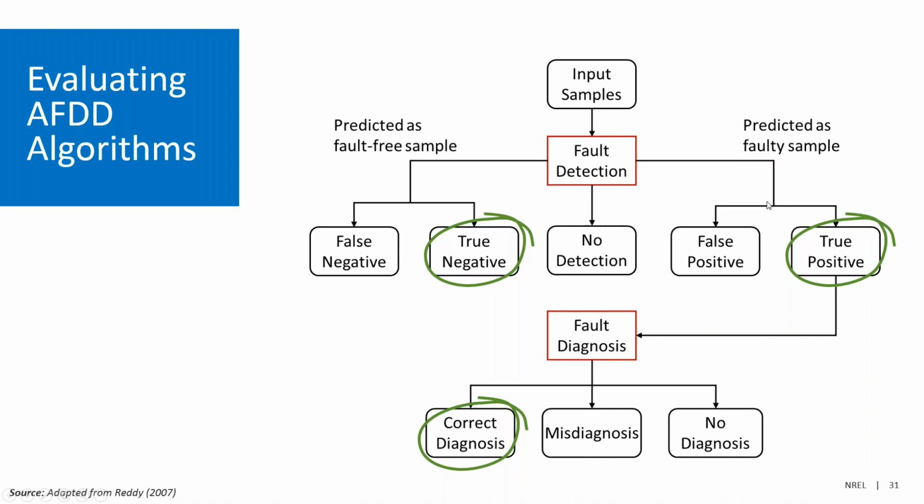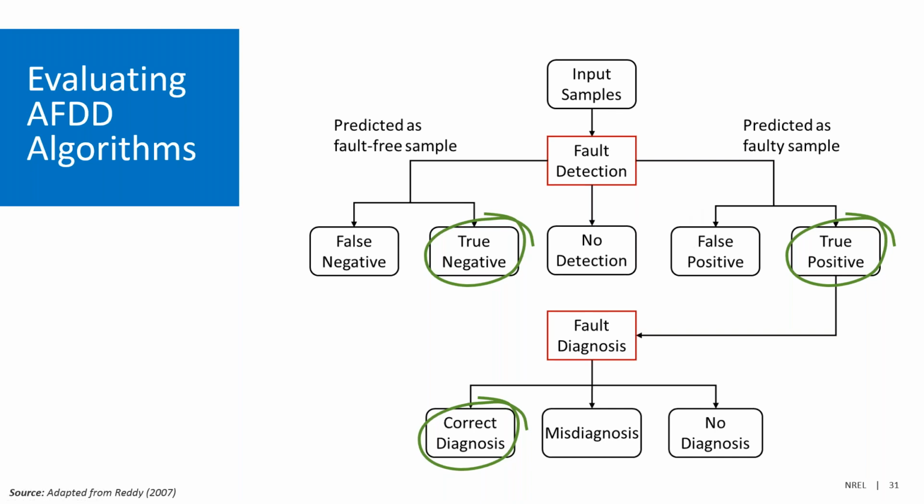You could have the case where you said that there was a fault, but actually nothing is wrong. This is a false positive, also known as a false alarm. One of the biggest complaints with fault detection and diagnosis as currently implemented in lots of buildings is an overabundance of false alarms. The system is telling them that things are wrong in the building, but there's nothing actually wrong.